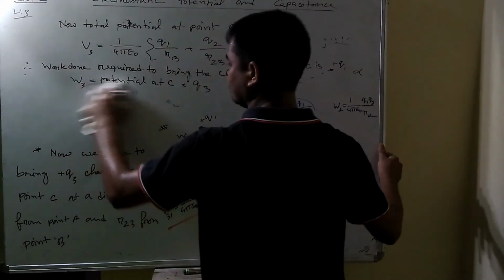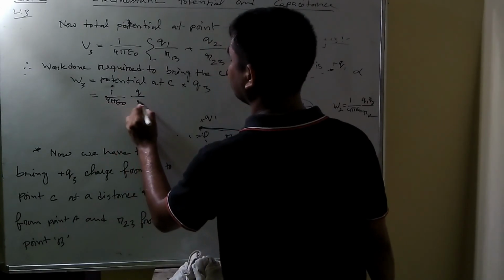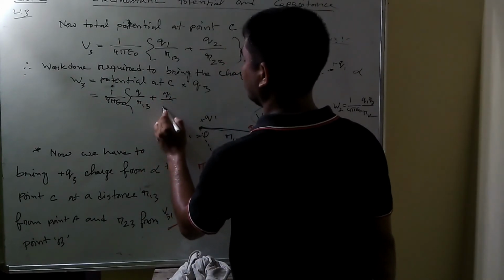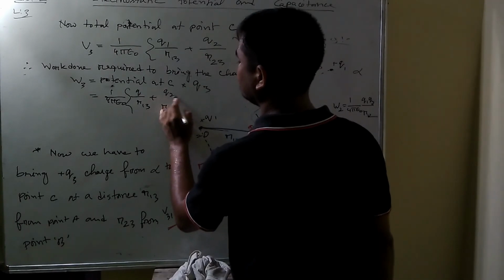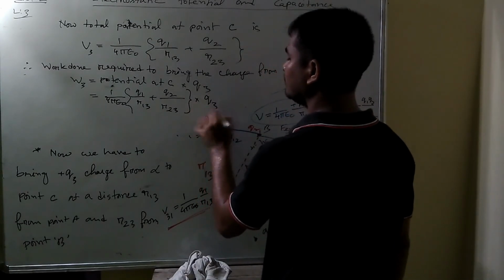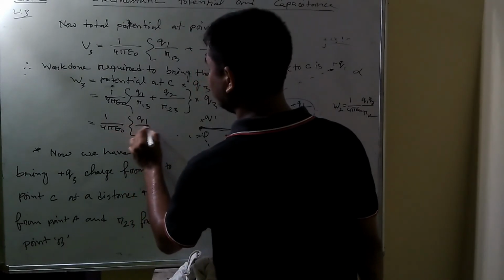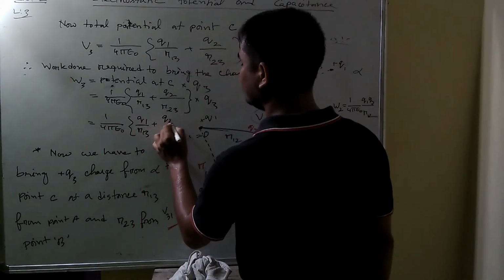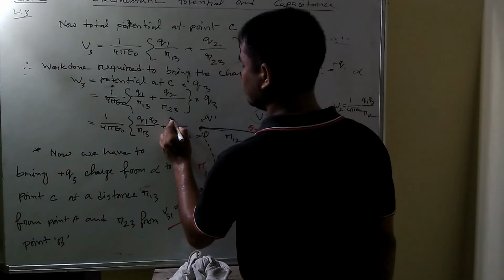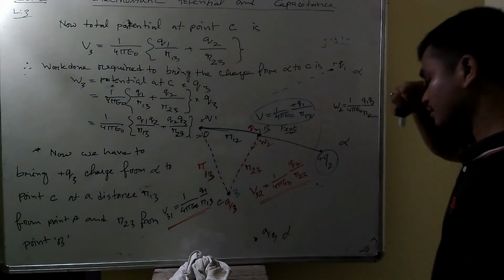Okay, potential at C is 1 by 4 pi epsilon naught, Q1 by R13 plus Q2 by R23, into Q3. Therefore, W3 is 1 by 4 pi epsilon naught, Q1 Q3 by R13 plus Q2 Q3 by R23. This is the work done W3.